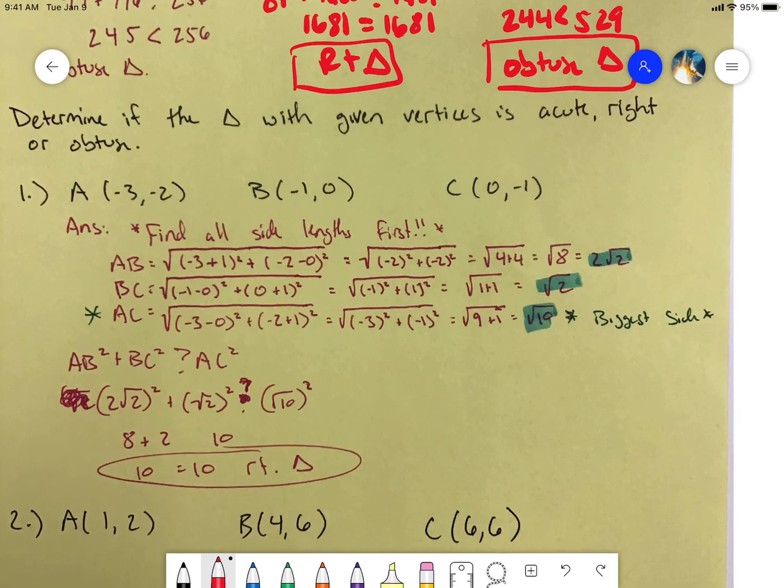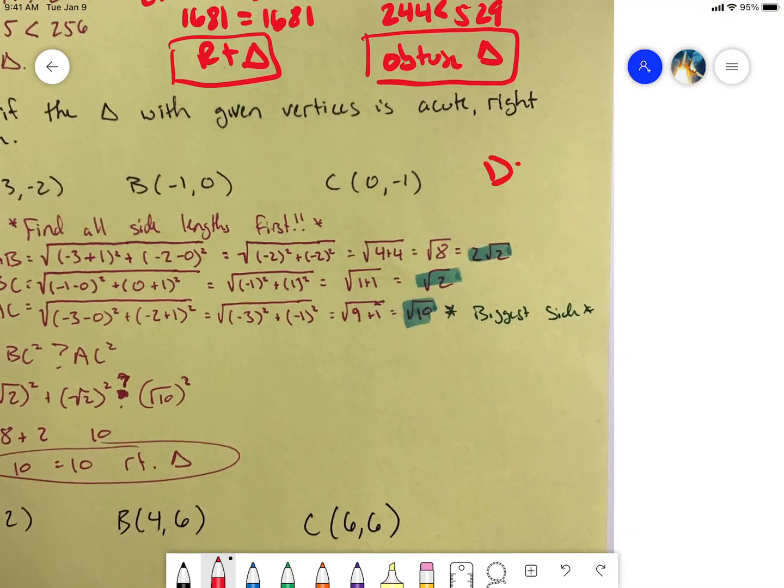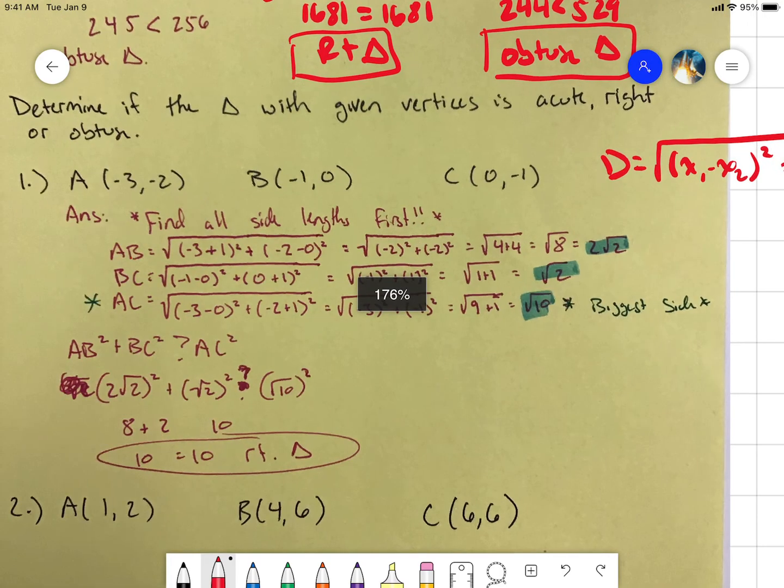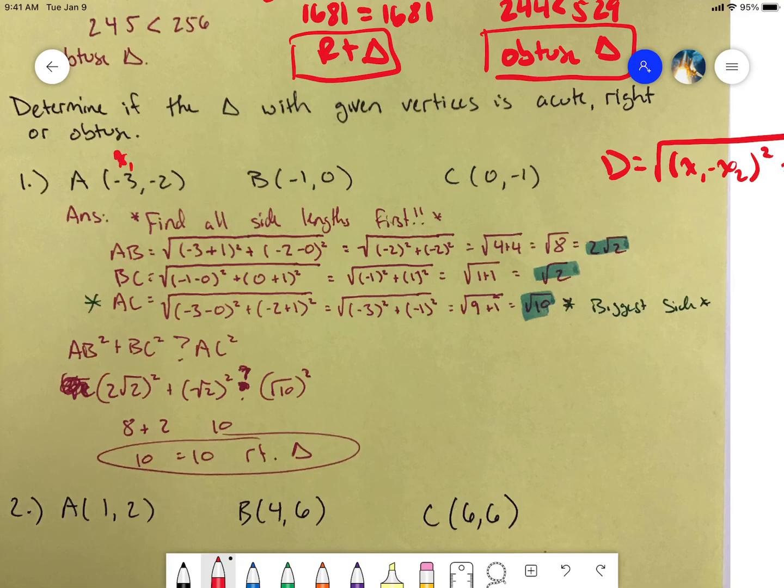And recall the distance formula is equal to the square root of x1 minus x2 squared plus y1 minus y2 squared, okay? So for AB, I made this one x1 and this one x2.